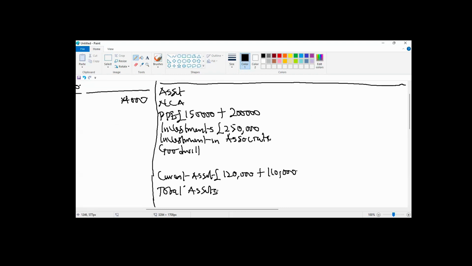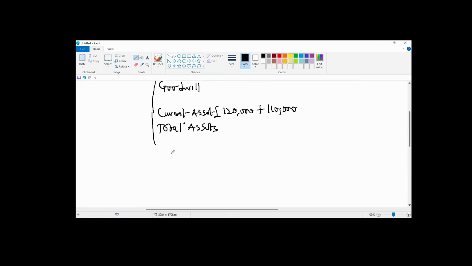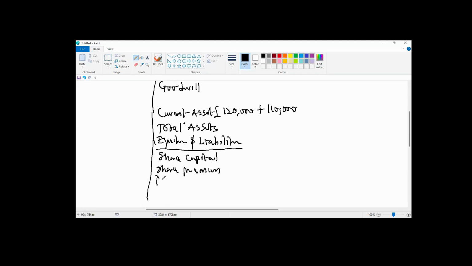Total assets. Equity and liabilities. Next, I'll say share capital. Share premium. Retained earning, NCI.